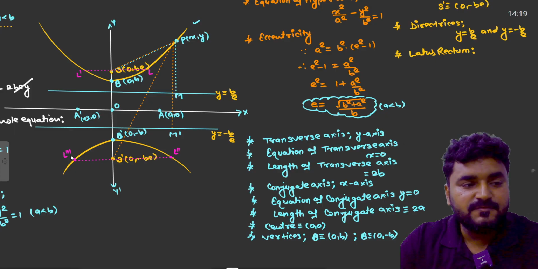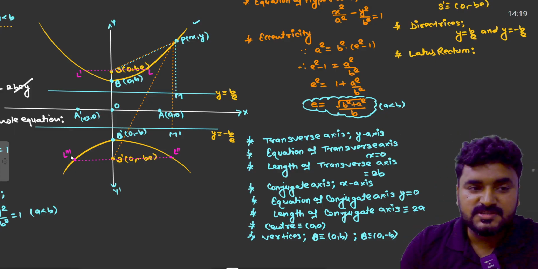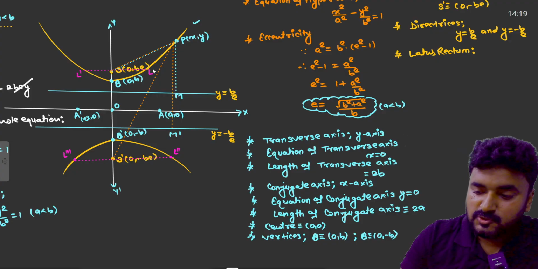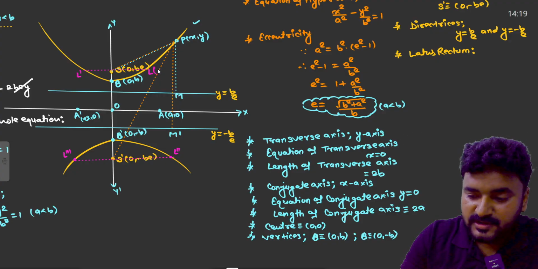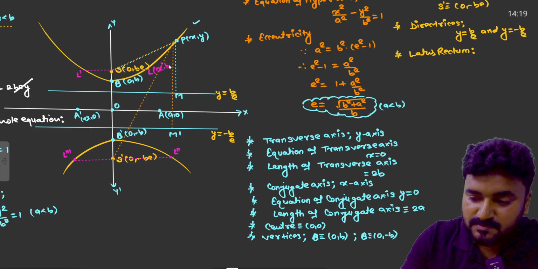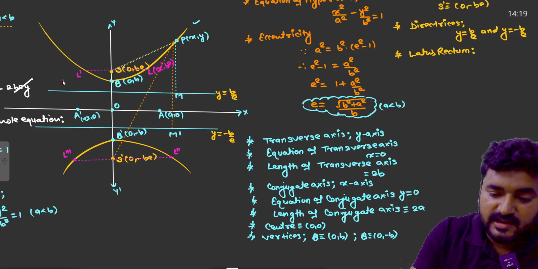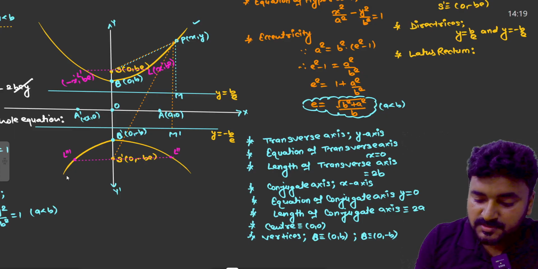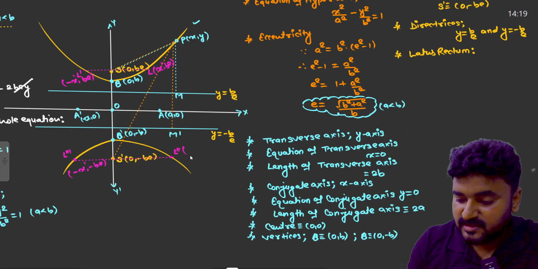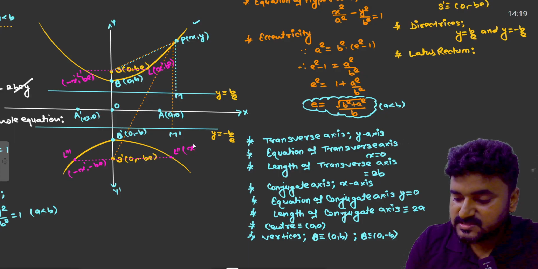Similarly, for the previous hyperbola we can find the latus rectum coordinates and its length. You can see the L coordinate I will write as x dash comma be, L dash as minus x dash comma be, L triple dash as minus x dash comma minus be, and L double dash as x dash comma minus be.